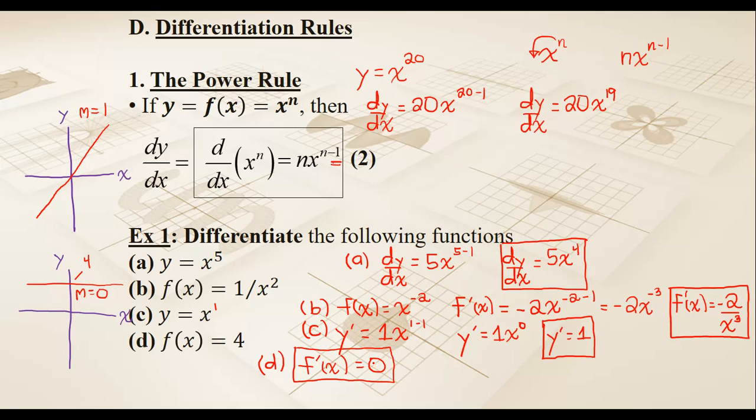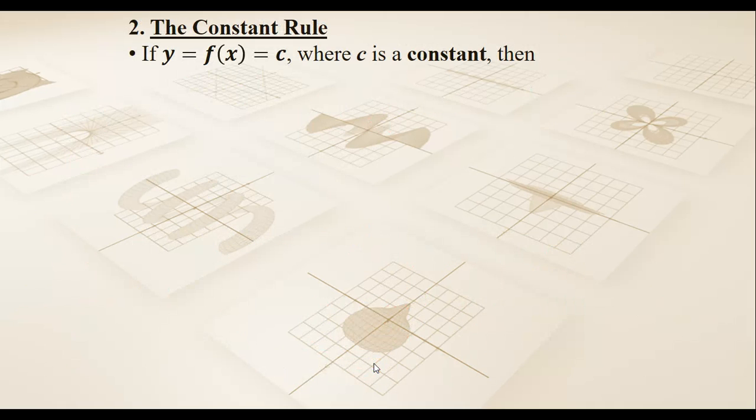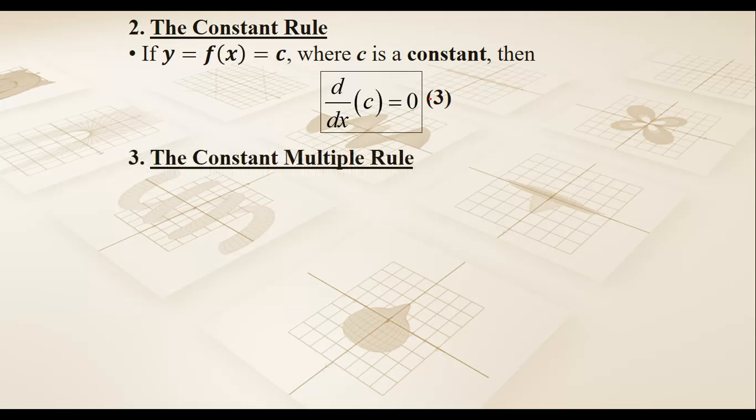So that would be equal to 0 there. Okay, so that's my constant rule. The derivative of a constant with respect to x is just equal to 0 because it's telling you to figure out the slope of a horizontal tangent line, or sorry, a horizontal line, and that would just be equal to 0.